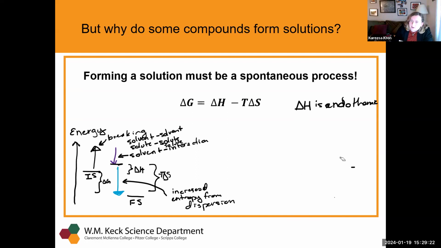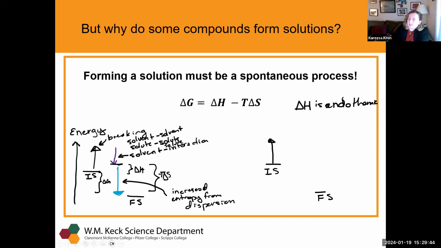And so now we're going to talk about a system where delta H is exothermic, or where our interactions between the solvent and the solute are favorable. So here we have our initial state, we have our final state, and we have our original endothermic breaking of solvent-solvent and solute-solute.